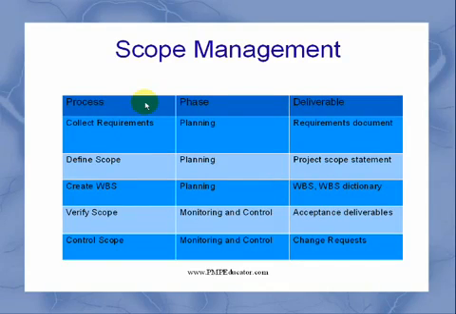As we mentioned in the previous lecture, there are 5 processes, and 3 of those are in the planning phase, and 2 of those are in the monitoring and control phase. In this lecture, I will go through the collect requirements process, which is in the planning phase, and the key deliverable for this process is the requirements document.